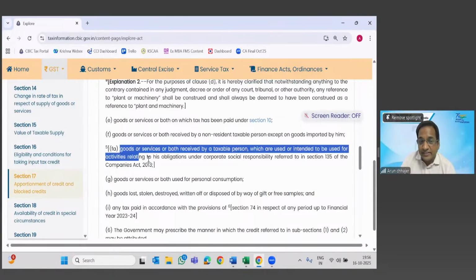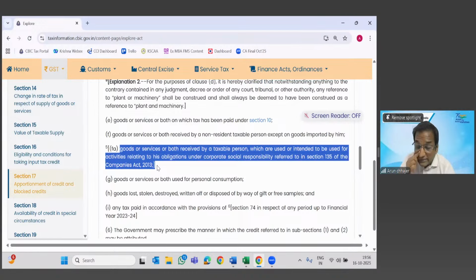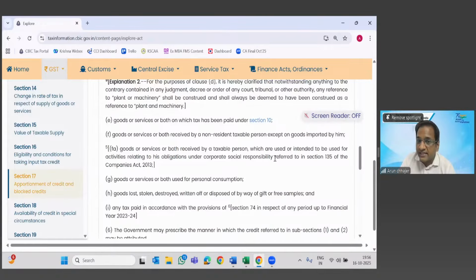Under 17(5) clause (fa), goods or services used for CSR activity, ITC is not allowed. It is blocked in (fa). Correct?